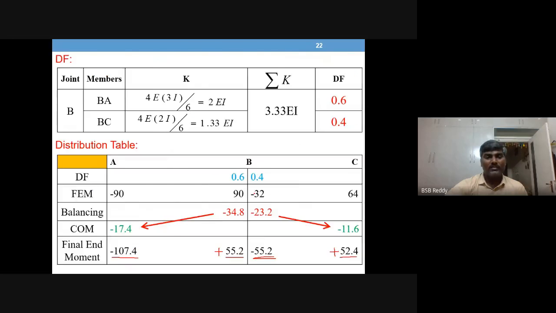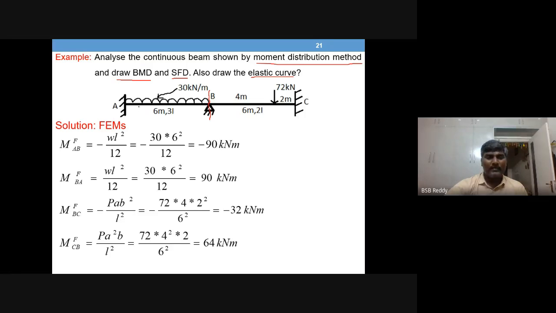So let us go to the structure here. Till some portion there is hogging, the curve is like this, and then it should have sagging from here for some distance, then again it becomes hogging. So this is the elastic curve, meaning the deflected shape of the axis.